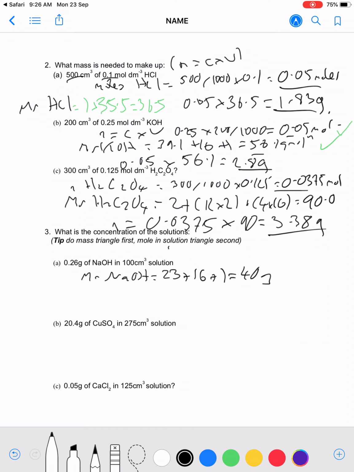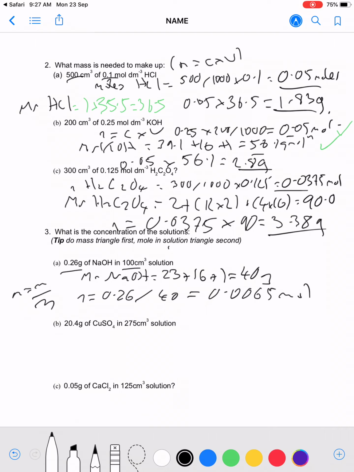So moles is mass over Mr, and is little m over big M. So we've got 0.26 g, so it's 0.26 divided by 40, which I make 0.0065 moles.